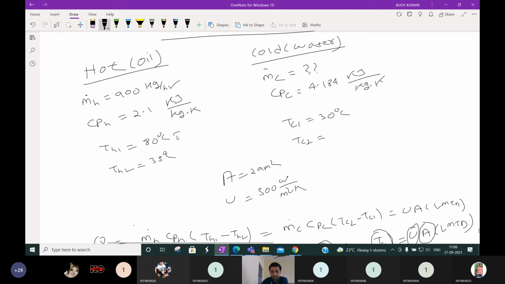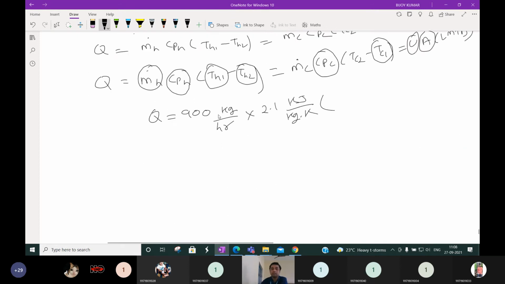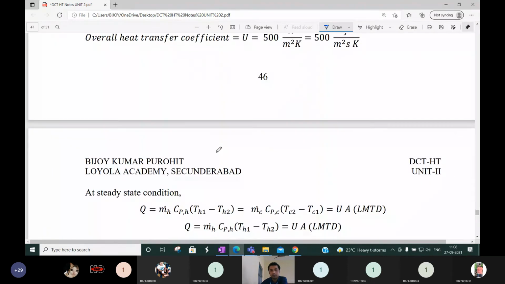So 80 degree centigrade means 353 Kelvin, and 35 degree centigrade means 308 Kelvin. So it will be 353 minus 308 Kelvin. So what will be the value of Q? Okay, so we can multiply.